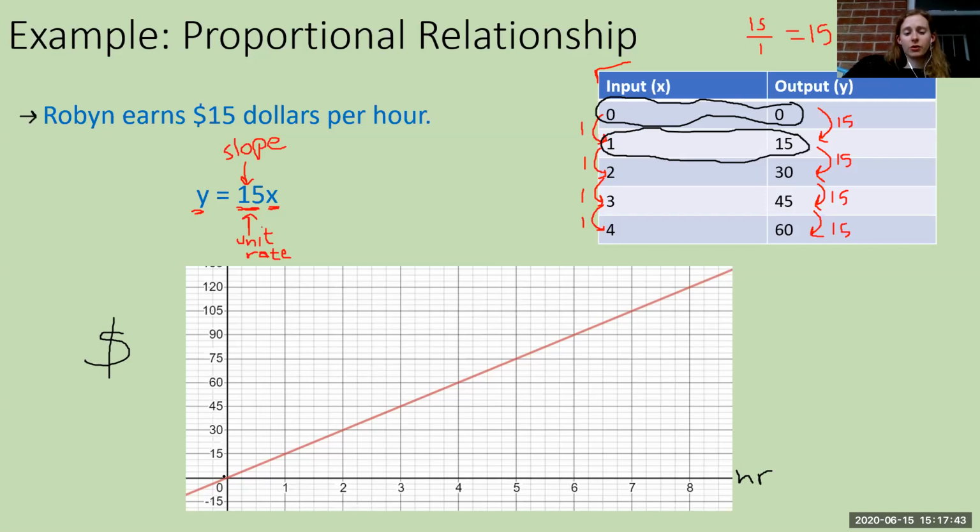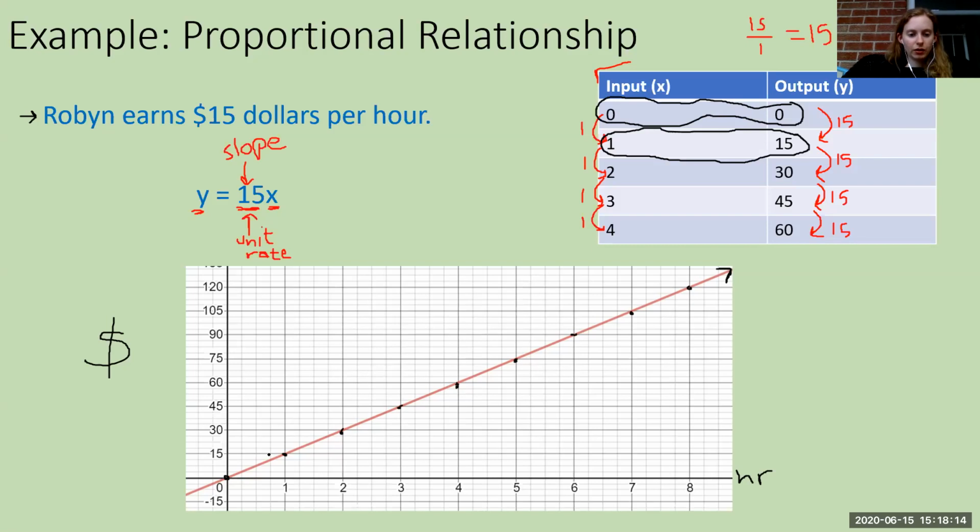So if Robin works 0 hours, she's going to make $0. If she works 1 hour, she's going to make $15. 2 hours, $30. 3 hours, 45. 4 hours, 60. And we can keep going up here. We stopped at 8 just because we ran out of room. But we know that Robin could work more hours than that, and we could potentially make a graph that shows that.